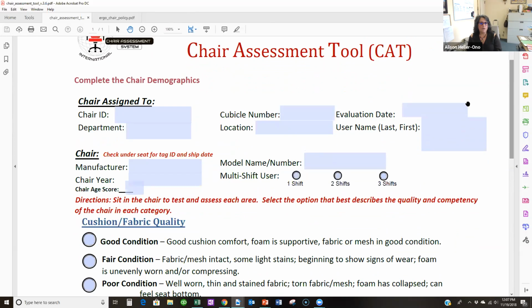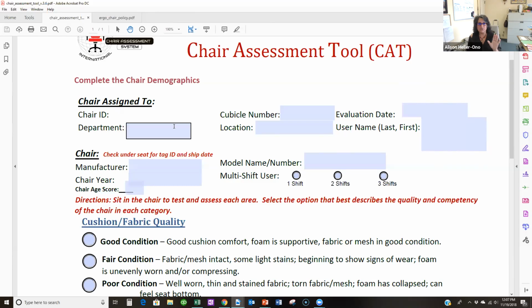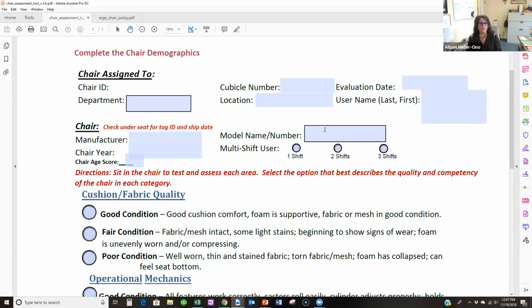So you're going to take this single page out into the field. You're going to establish an ID for the chair, the cubicle number, the evaluation date. And I'm going to do this in the database itself, which is the same form, but this is for your field notes. Manufacturer, model number, chair year, shifts.